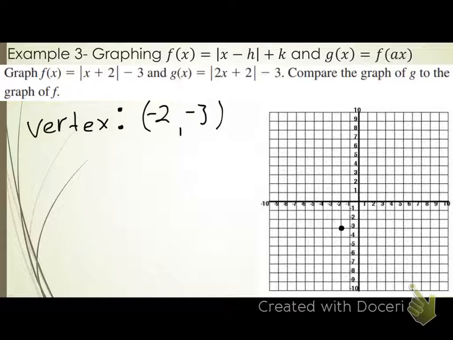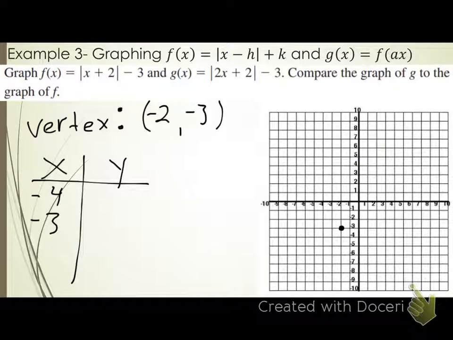So now I know where the turning point of my graph is. Let's plug in x values that are to the left of this and to the right of this. What are two x values that are to the left of -2? -4, -3. So let's plug those in.